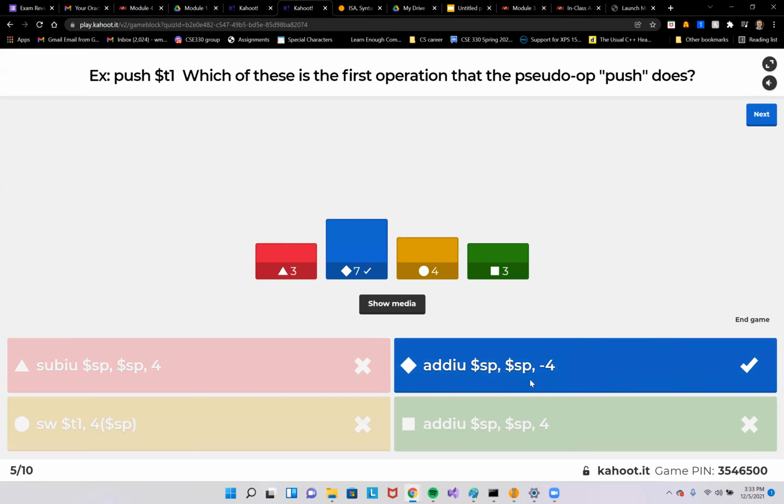We're decrementing instead of incrementing because this is the stack, remember? It grows towards a smaller number. That's why we're subtracting.